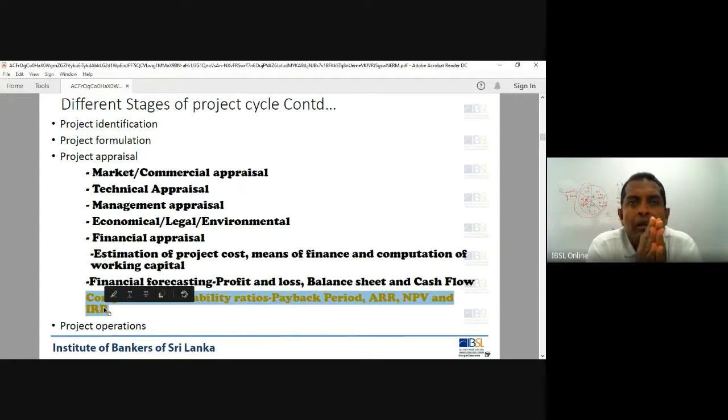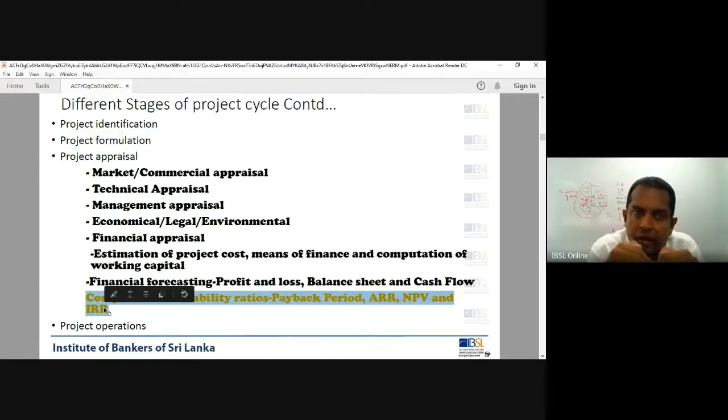Without knowing the market, whether it is a service or a product, anything, right? Even if you produce a shoe, you need to know the market. If you produce a banana, a bread, even a chip, you need to know the market, right? So market is the key.